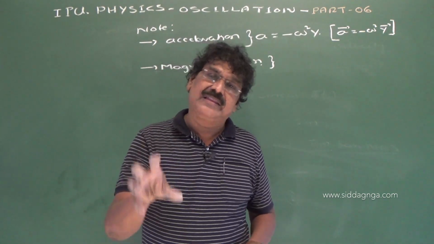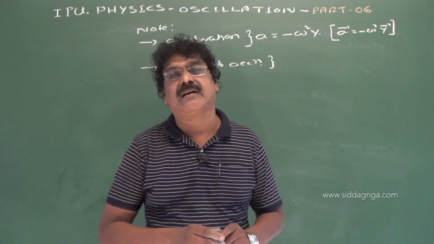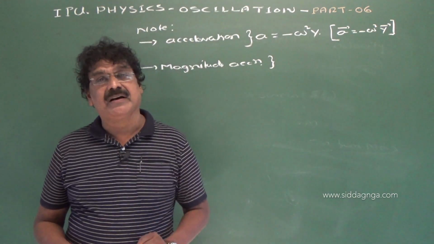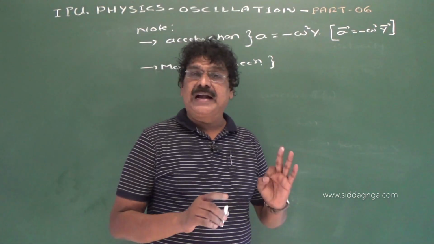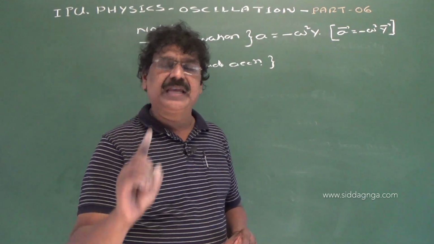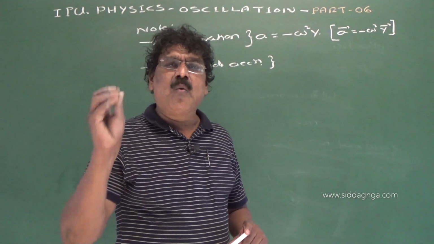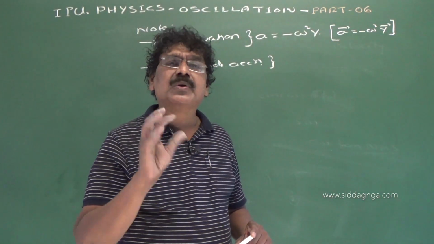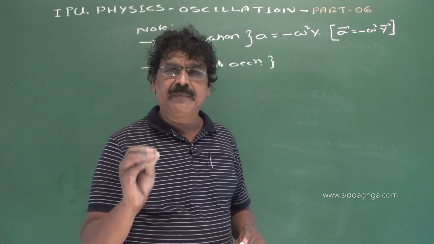We are saying the distance of the particle, I mean the displacement of the particle at any instant of time. It is because it has a direction, right? The direction of displacement is always away from the mean position, whatever may be the position of the particle from the mean position.